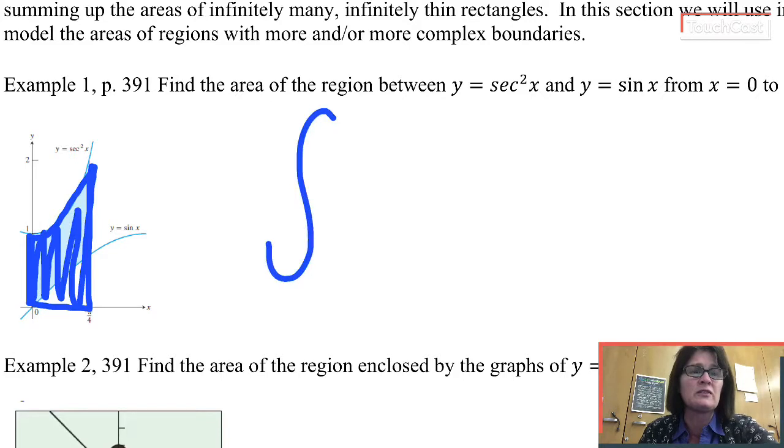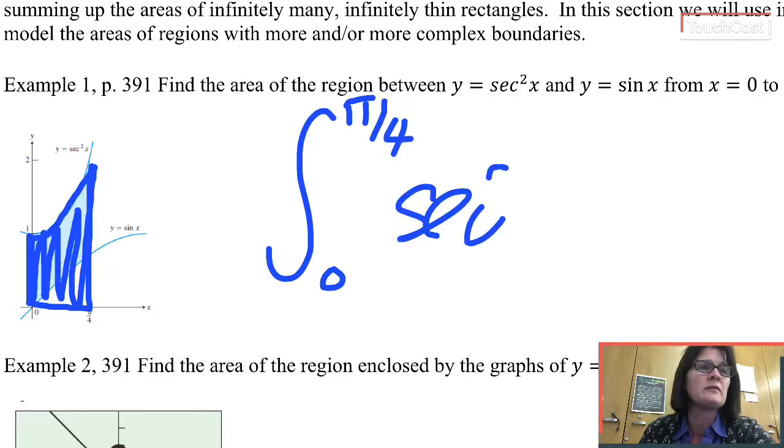And you would have just written this integral from 0 to pi over 4 of secant squared of x.